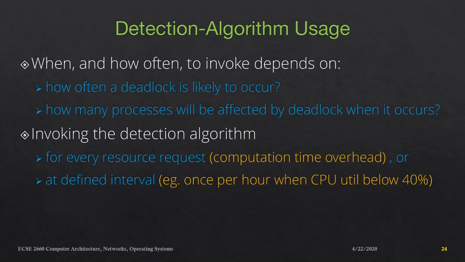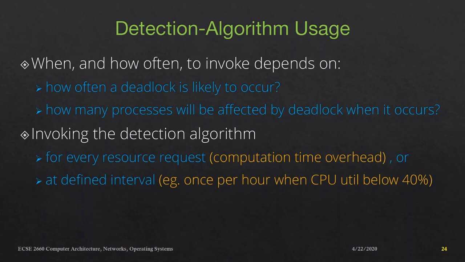The problem with that is that it adds a lot of computation time overhead. Every time a request happens, we run the detection algorithm, where the number of operations is m times n squared. That's a lot of operations, so a lot of computation overhead for that solution.